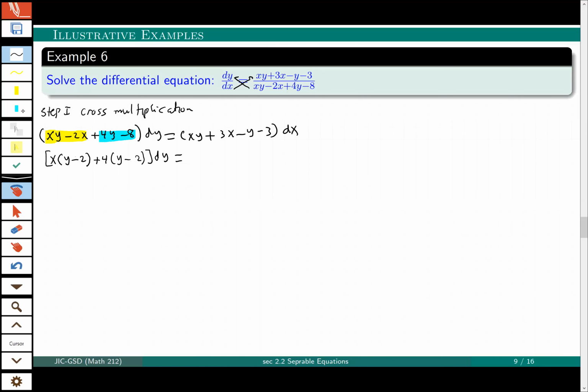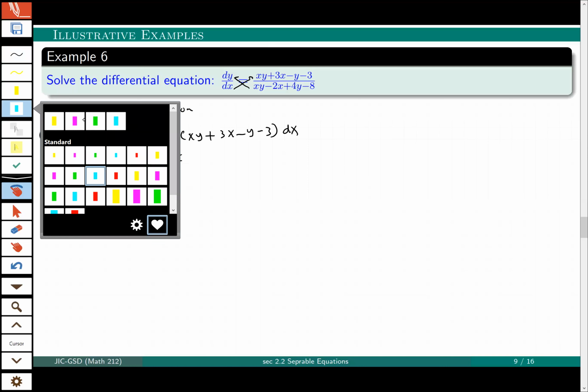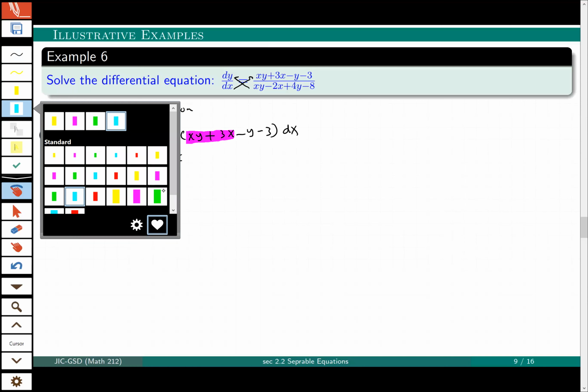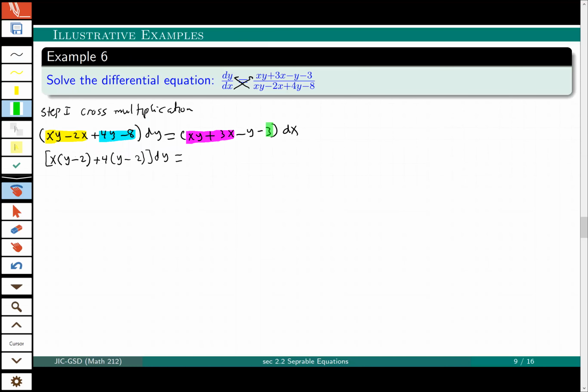Now, what about the other side? Same thing I will do. I will say this is my first group because it has x as a common factor, and second group because it has a negative sign as a common factor. So here what I will get, if we take x common factor, I will get y plus 3. If I take from the second group a negative common factor, I get y plus 3 again.